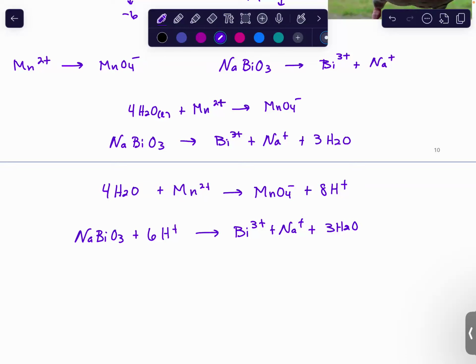Okay. Now I need to add electrons to balance the charges on each one. So let's take a look. In your manganese equation, this whole side is a +2. This whole side is a +7. Do you see that? You have 8 protons and a -1 charge, so it's a +7. How many electrons am I going to use and where are they going to go?